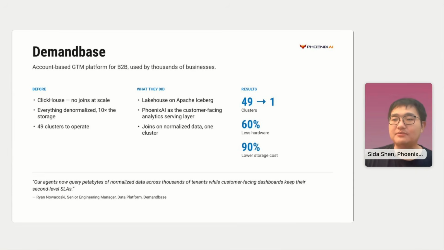They ended up going from 49 clusters to 1, with 60% less hardware and 90% lower storage cost. And now they're running their same agentic workload on the customer-facing analytics serving layer, which is PhoenixAI.